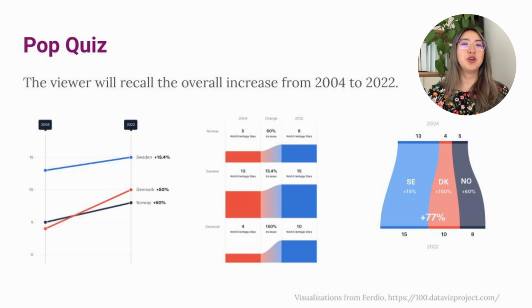Now, if you had two goals, to recall the percent increase over time and to compare the ranks of countries over time, you might pick the first slope graph. When you have multiple goals, you can consider trade-offs of which designs might be good for some goals over others.